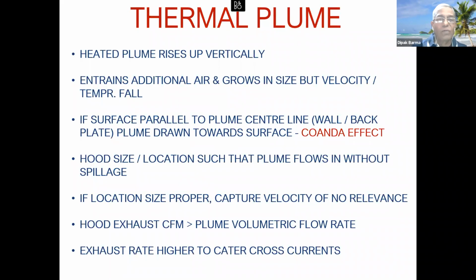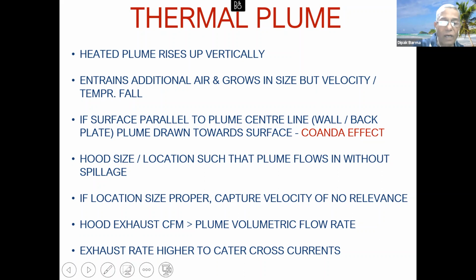Now let's consider, before we go into those areas, the heated plume will rise up vertically, entrains additional air and grows in size, but the velocity and temperature will reduce. If there is a surface parallel to the plume center, like a wall backplate, the plume would be drawn towards the surface. This is known as the Coanda effect.